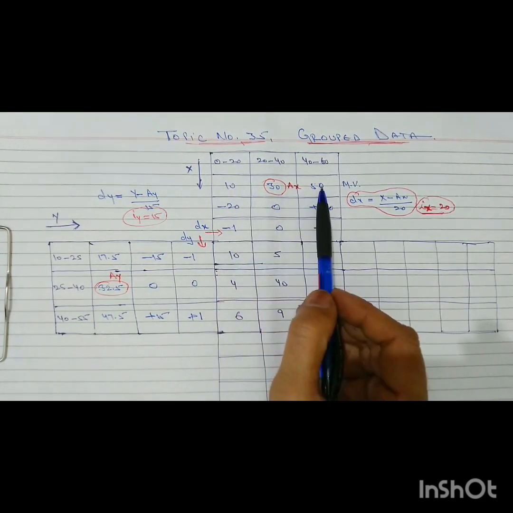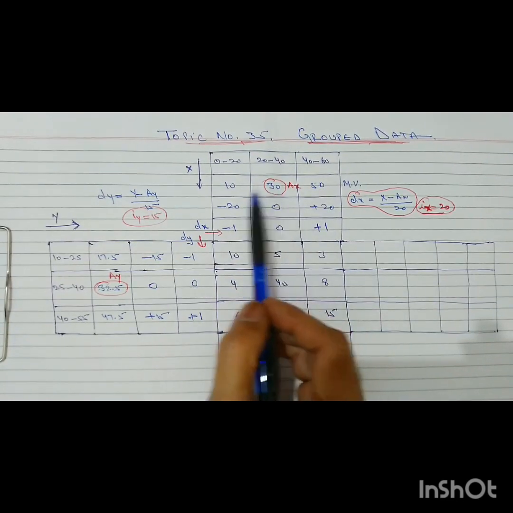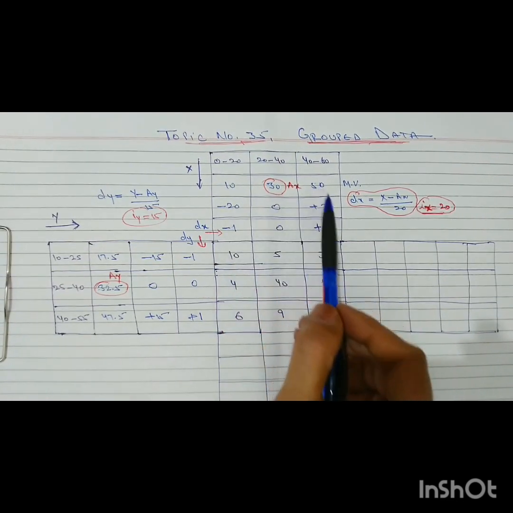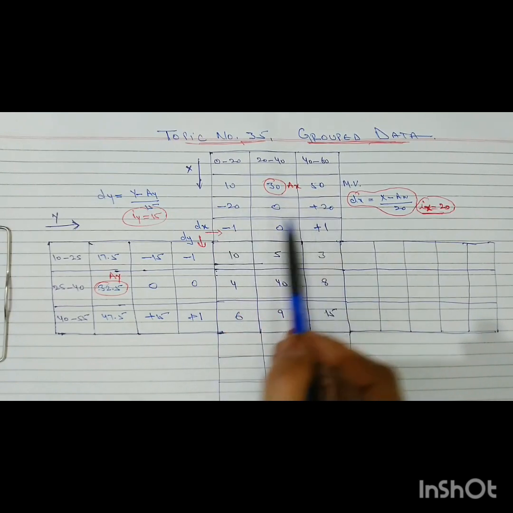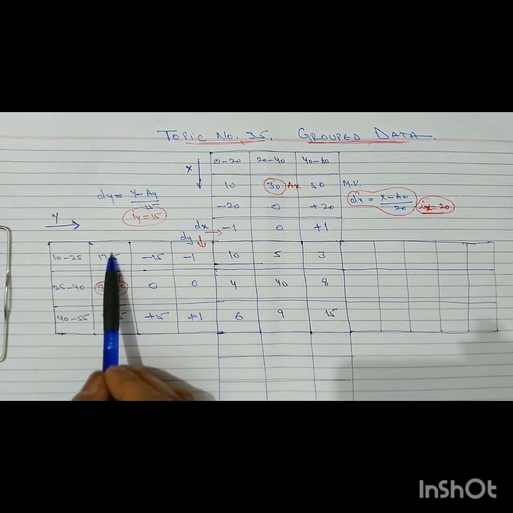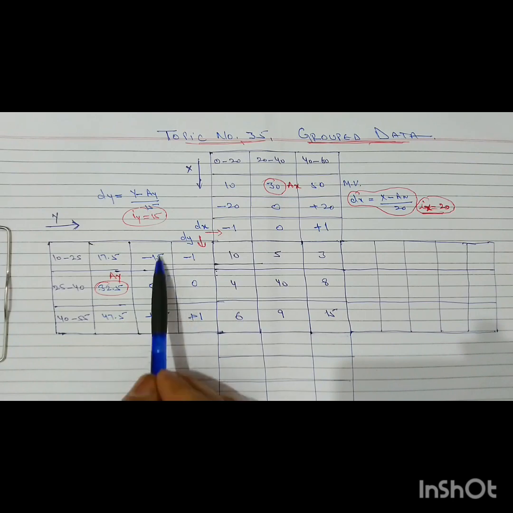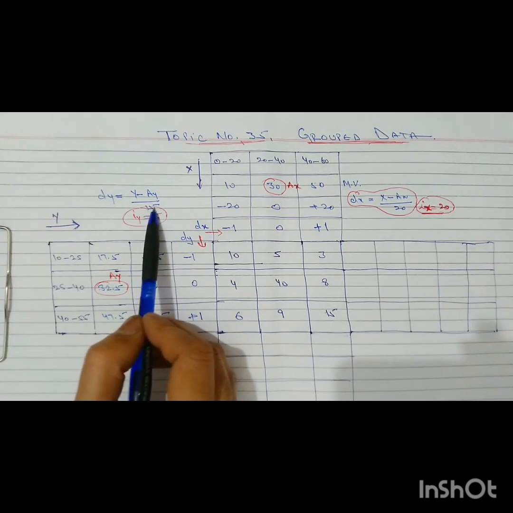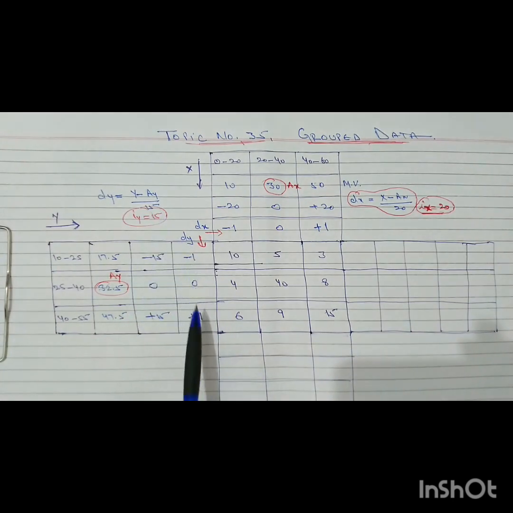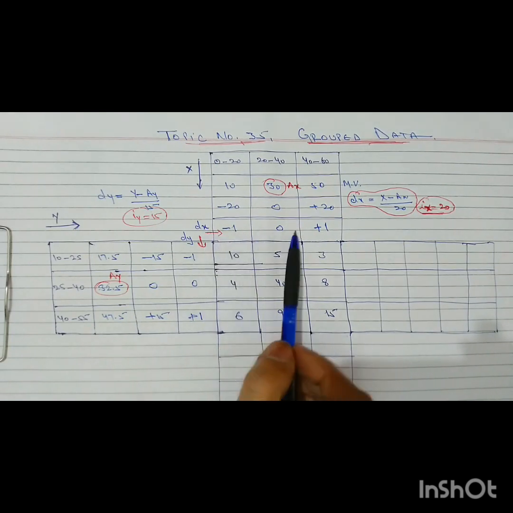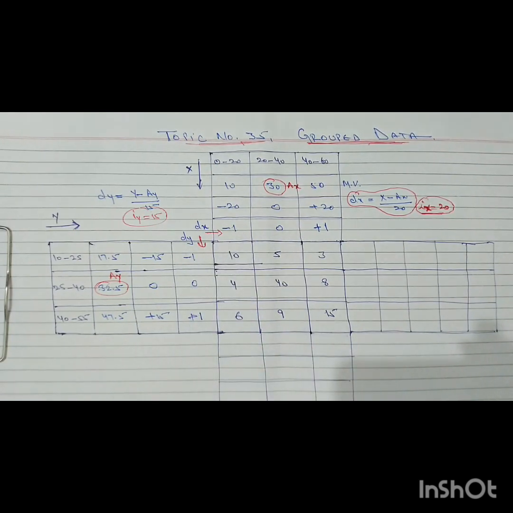First find middle values, then take the assumed mean as 30, then 10 minus 30, 30 minus 30, 50 minus 30. Take 20 common, leaving minus 1, 0, 1. Again find middle values, then the deviations from the middle value, 17.5 minus 32.5, 32.5 minus 32.5, 47.5 minus 32.5. Then take 15 common: minus 1, 0, plus 1. So dx is this, dy is this.